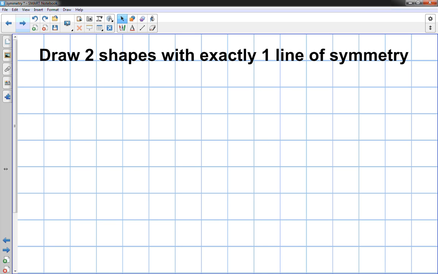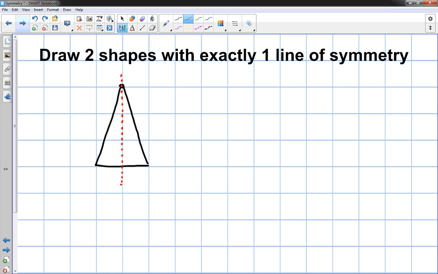Draw 2 shapes with exactly 1 line of symmetry. Alright, I think I can do that. How about a triangle like that, because it has one line of symmetry right there. Would you agree?